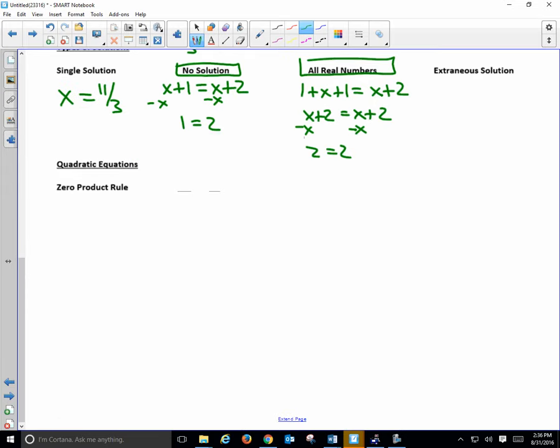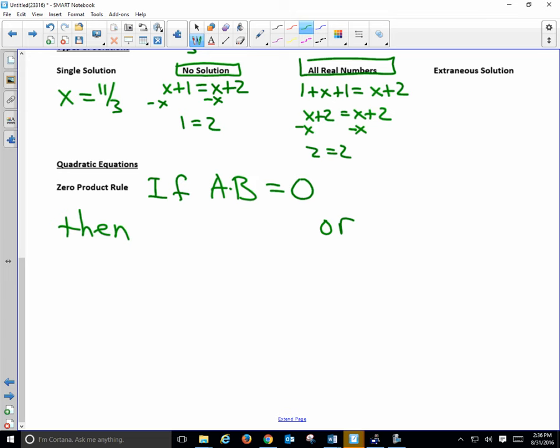The second thing we want to do today, we're going to do 3 problems on the backside, is the zero product rule. If A times B is equal to 0, then something is true.